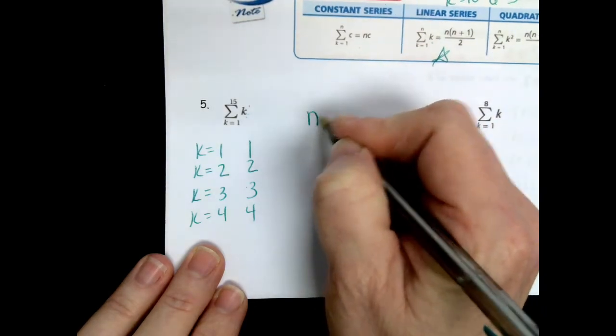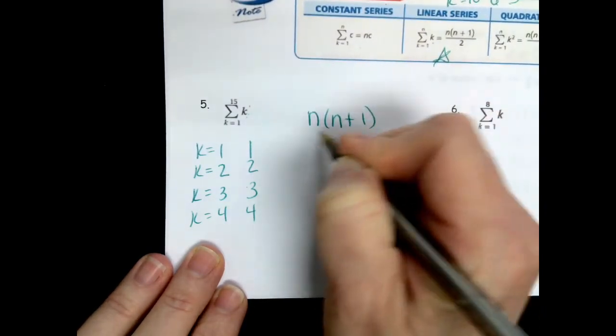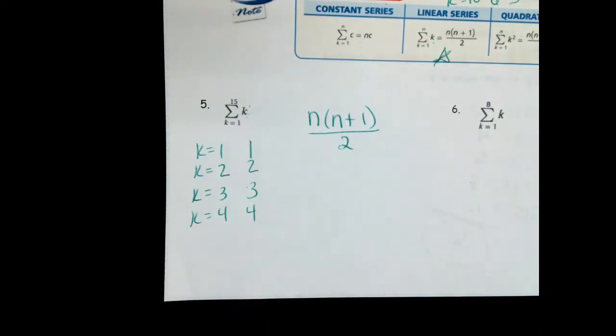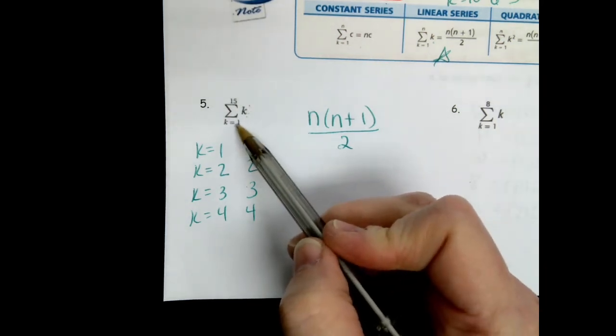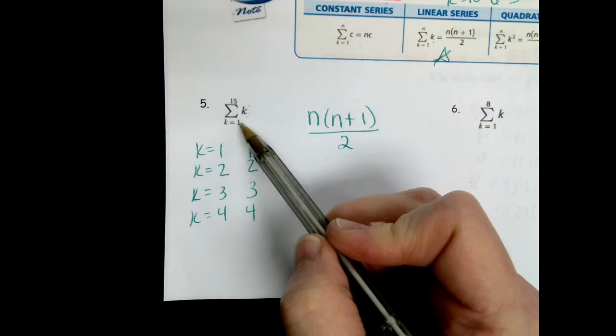This is n times n plus 1 divided by 2. And what is my n value, Josh M? What is my n value? It's not k. What's the n value to this one? 15, says Sarah. She's right. Oh, I thought Sarah said it. Sorry. Thank you, Tiana.